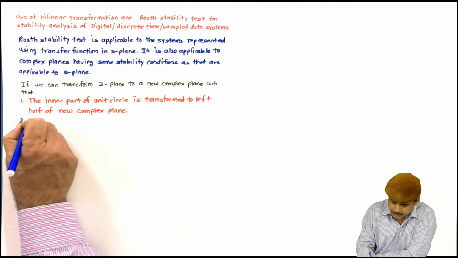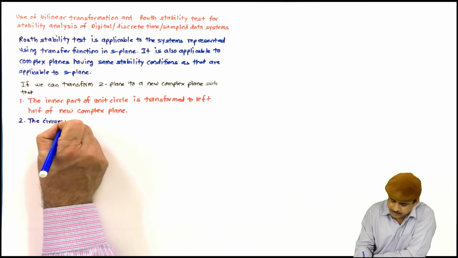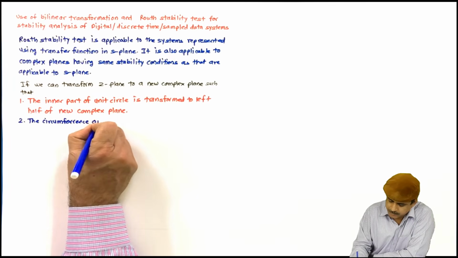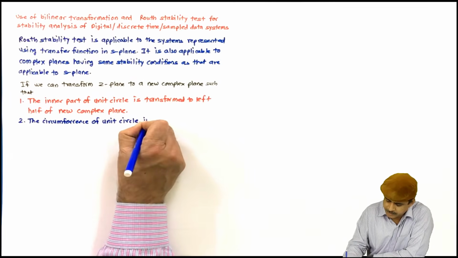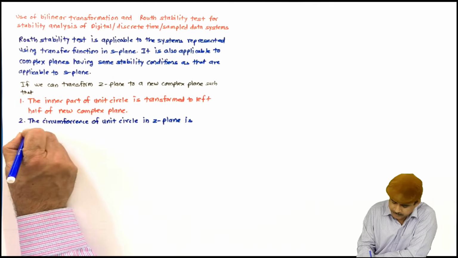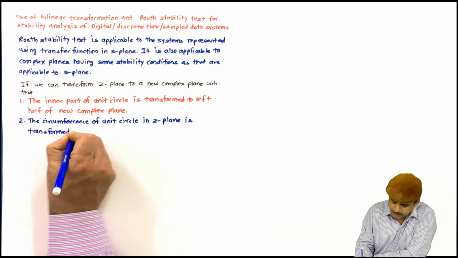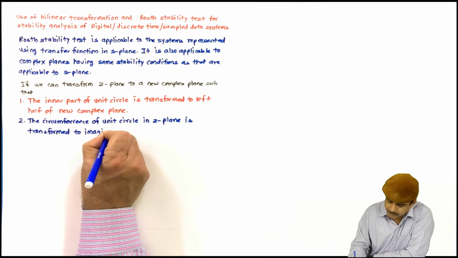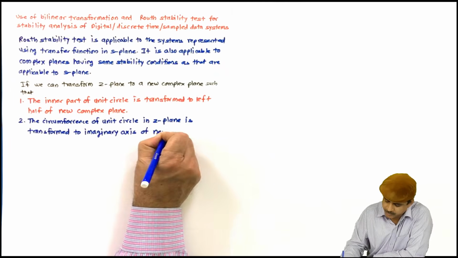Second, the circumference of unit circle in Z plane is transformed to the imaginary axis of the new complex plane.